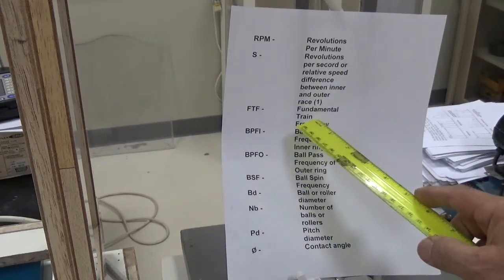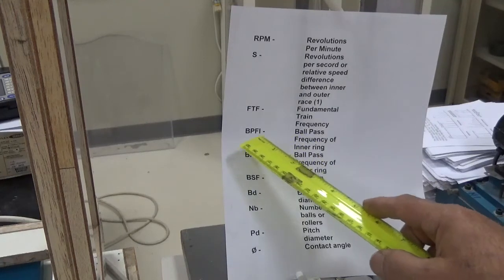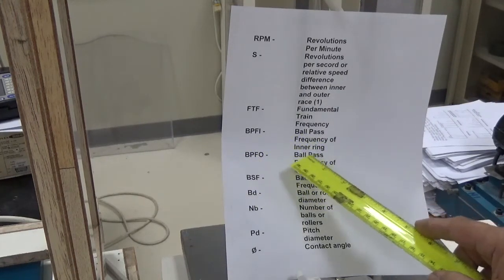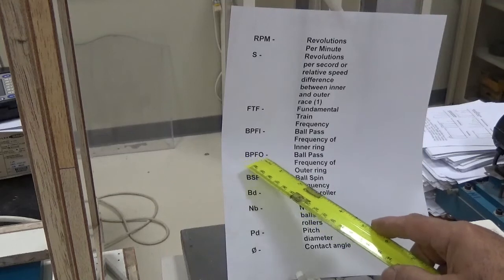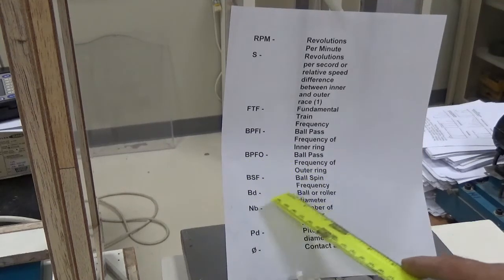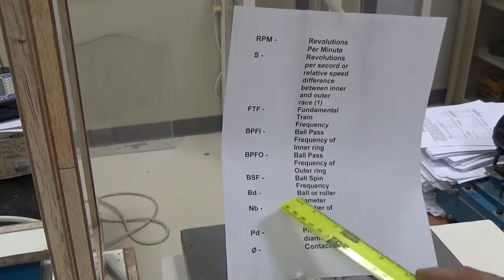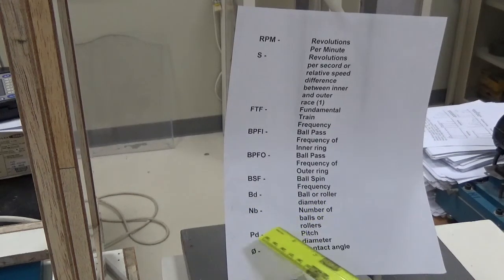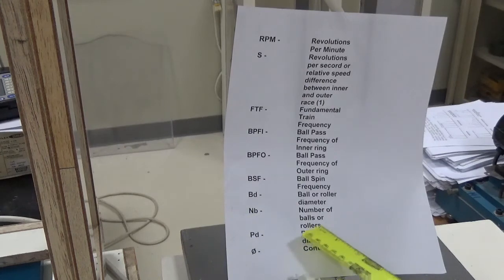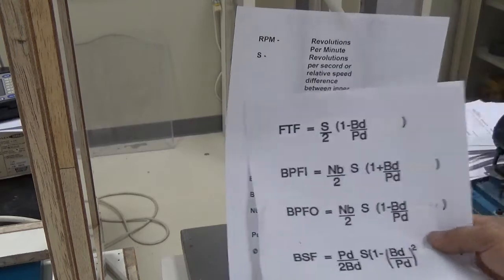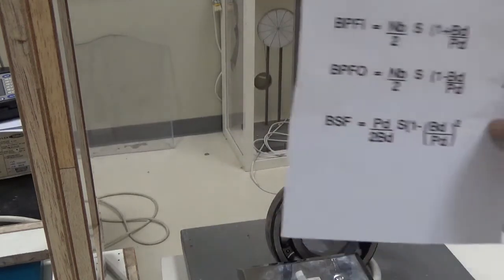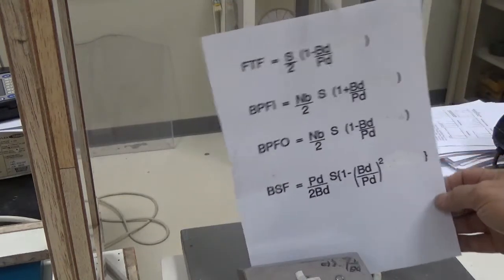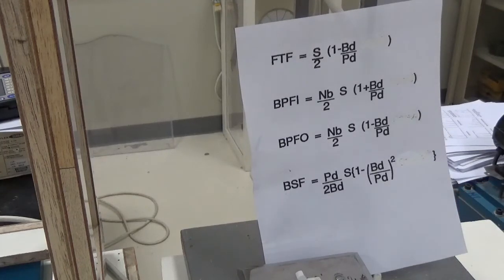FTF is fundamental train frequency. BPFI is ball pass frequency of inner race. BPFO is ball pass frequency of outer race. BSF is ball spin frequency. BD is ball or roller diameter. NB is number of balls or rollers. PD is pitch diameter. And these are the formulas to calculate these different frequencies.